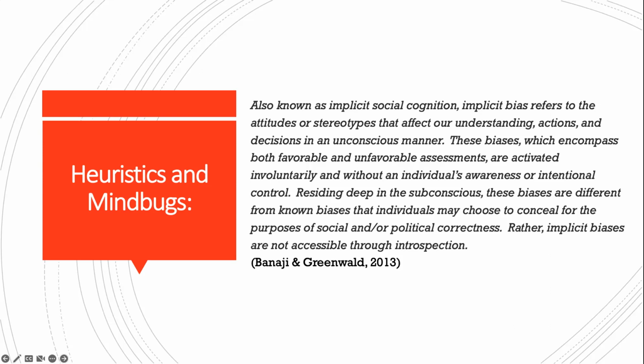Residing deep in the subconscious, these biases are different from known biases that individuals may choose to conceal for the purpose of social and/or political correctness. Rather, implicit biases are not accessible through introspection, right? So keep that definition in mind, and we can turn to it and debate it and talk about it at the end if there's time.